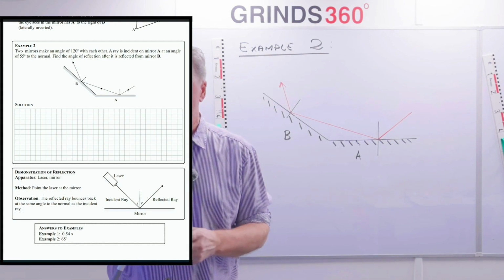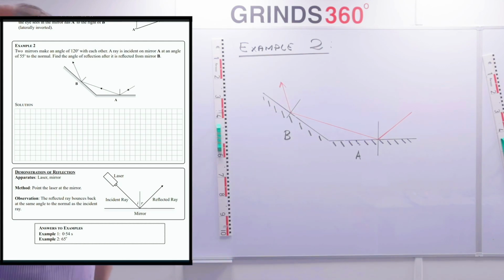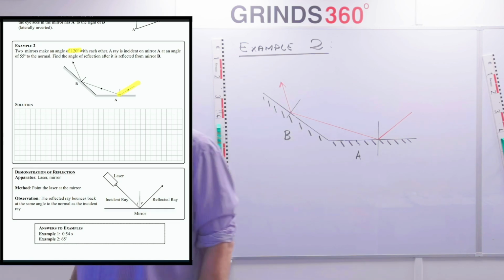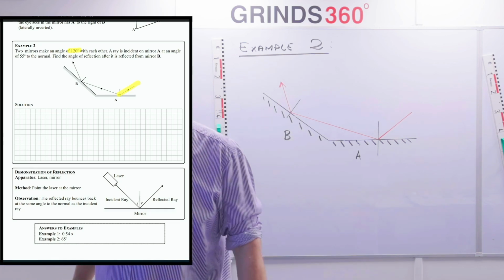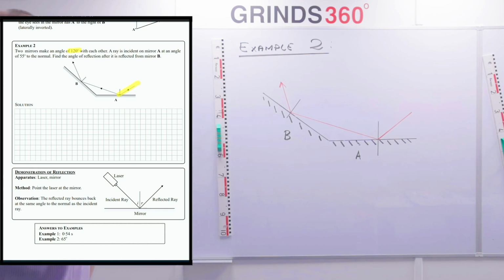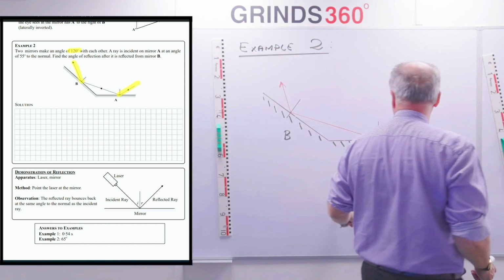We've got two mirrors. They make an angle of 120 degrees with each other. A ray is incident on mirror A at an angle of 55 degrees to the normal. Find the angle of reflection after it's reflected from mirror B. So I've redrawn it here.